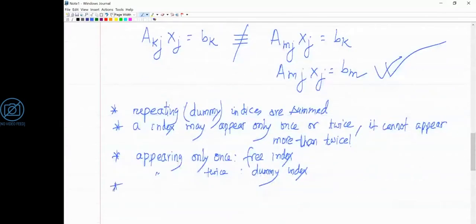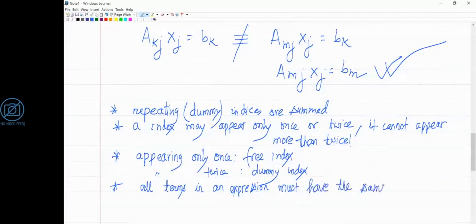And the last thing is, all terms in an expression must have the same free index. What does this mean?